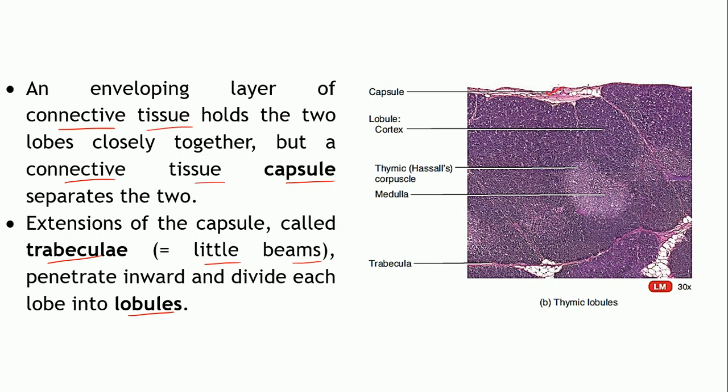So the trabeculae divide each lobe into several smaller compartments known as the lobules.